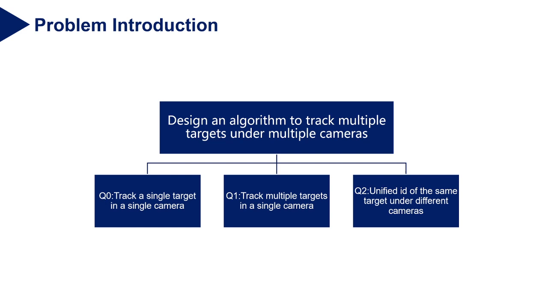Another situation is one object appears in one camera, and after a few seconds it disappears. And a few seconds later, another object appears in another camera. So are they the same, or did a new object come in? All these problems are complicated and need to be sorted out.